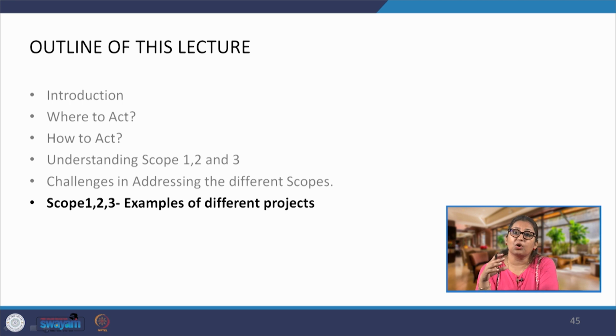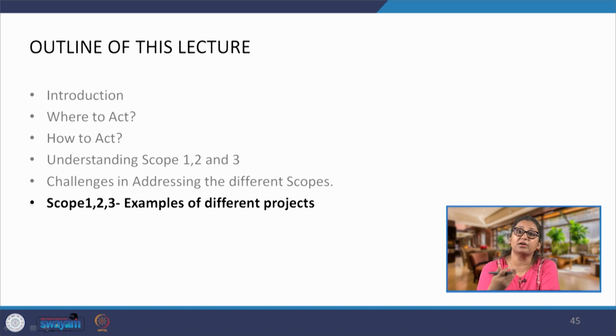So, we saw how to set up the boundaries, how to identify the organizational and operational boundaries. That was where we identified where to act, where the intervention is going to happen. Once we had done that, we also prepared the inventory, accounted for where the emissions are coming from, and identified the places where we need to act and how to act.